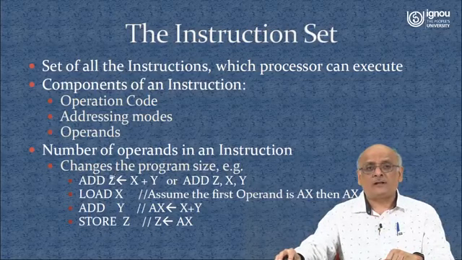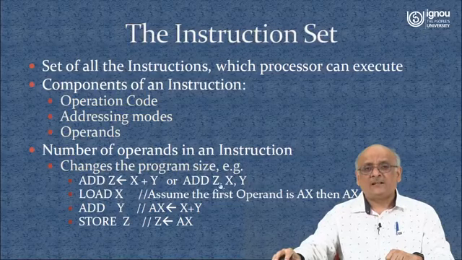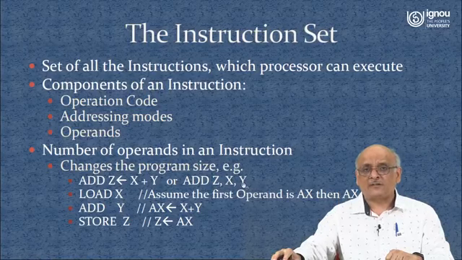Suppose I'm using an instruction set which allows me to use 3 memory operands, like the first instruction shown here. My instruction is add Z, X, Y, where Z, X and Y are memory locations. And the larger my memory, the larger the number of bits required for the address, so the address of Z will be large, X will be large, and Y will be large.